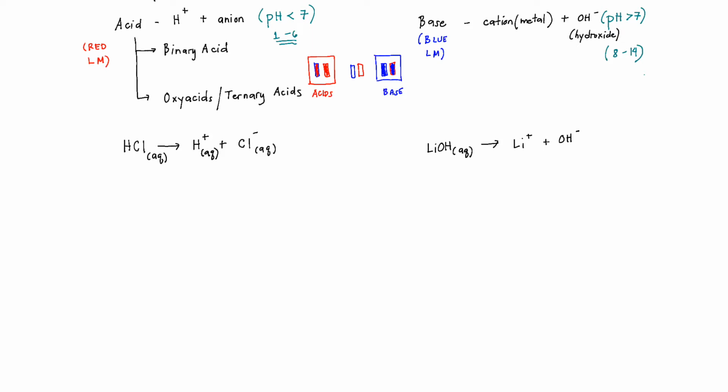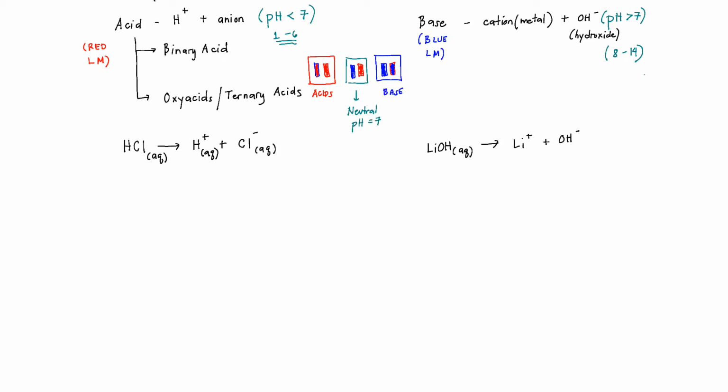And this one, if you put a solution, say for example water, if you put that litmus paper in water, then the blue will remain blue and the red will remain red. And that means that solution is neutral, wherein pH is equal to 7.